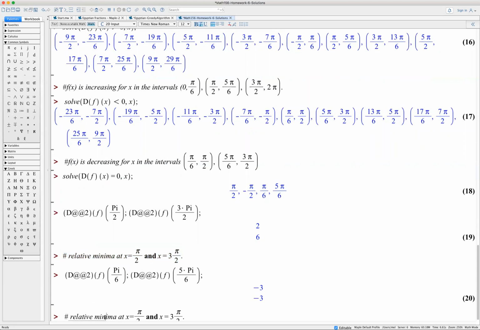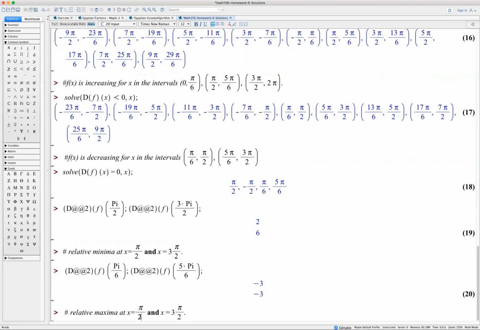So we have relative maxima at pi over 6 and 5 times pi over 6.